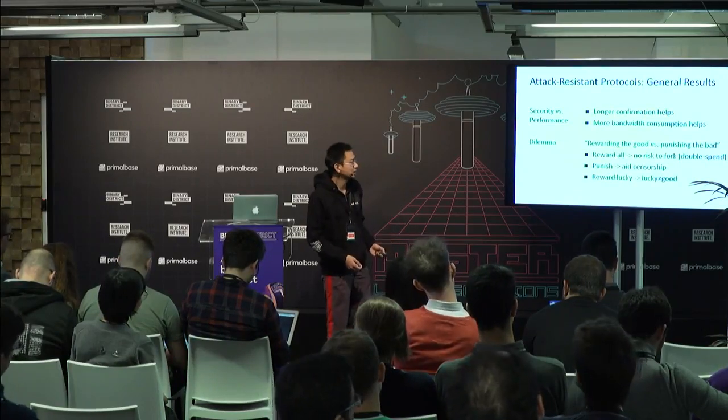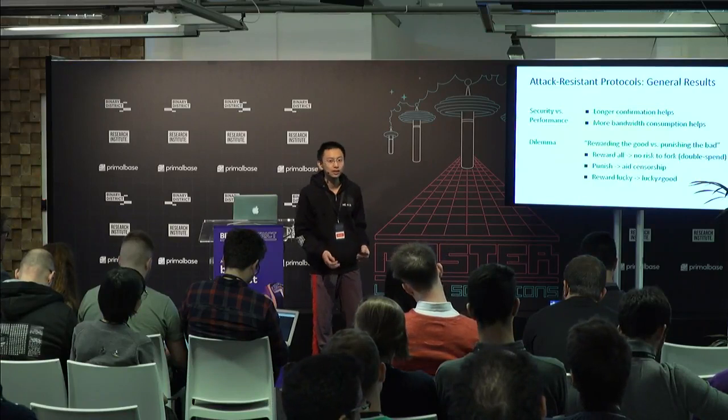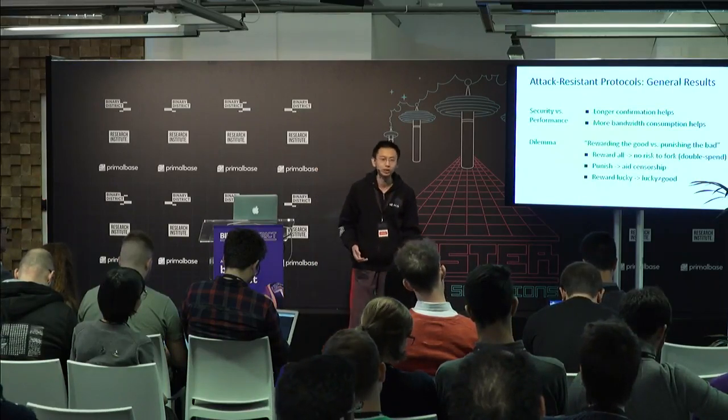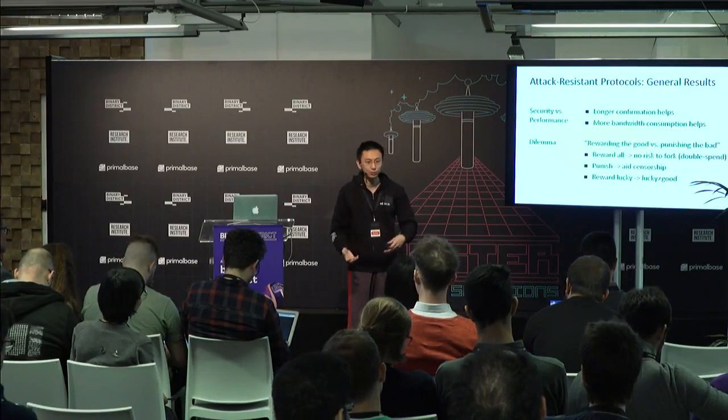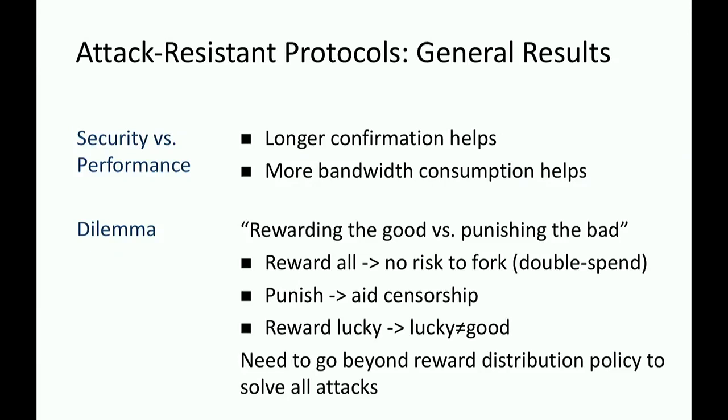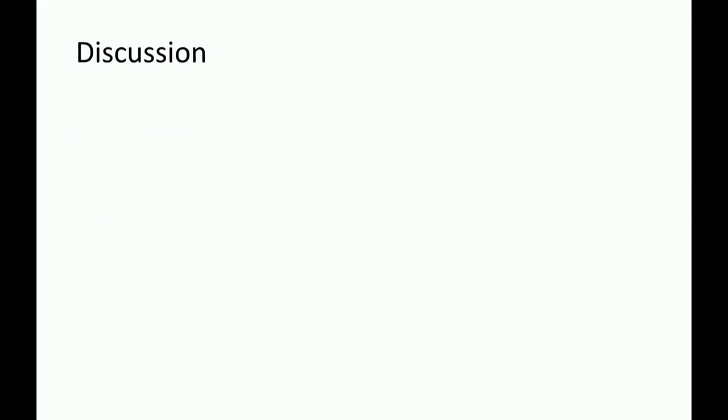So it aids censorship. For reward-lucky protocols, lucky doesn't mean good. If you don't break the information asymmetry, sometimes lucky blocks are bad blocks, which make things worse. And so in conclusion, we need to go beyond the reward distribution policy to solve all the attacks.